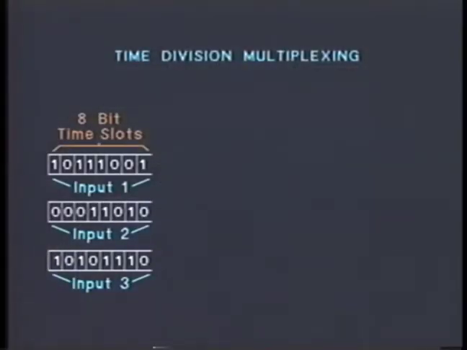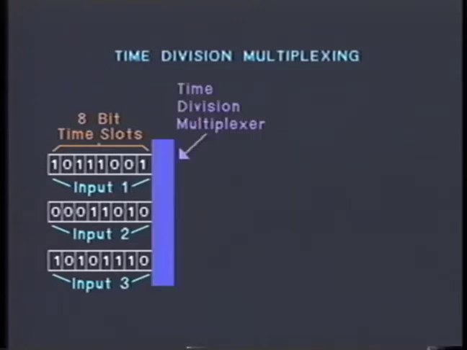Digital signals are multiplexed using a technique called time division multiplexing. Time division multiplexing divides time into a number of channels instead of dividing frequency into a number of channels. Instead of assigning each input channel a frequency range in the composite signal, time division multiplexing assigns each input channel a time slot.